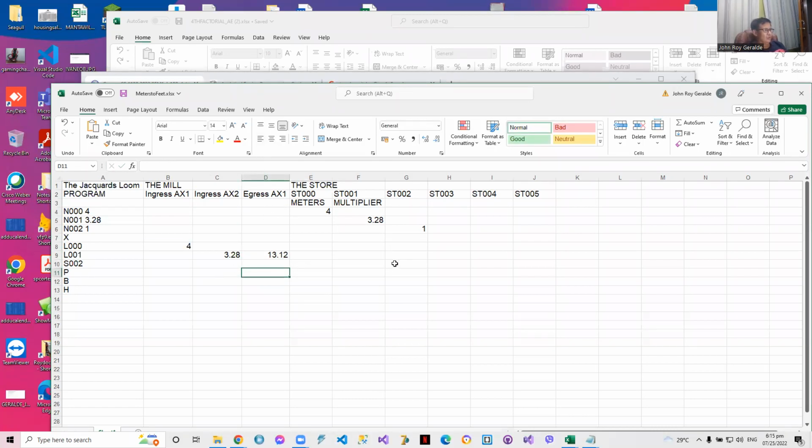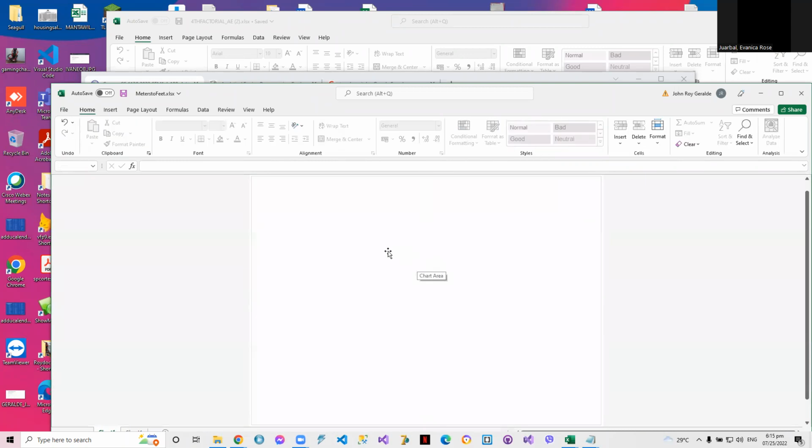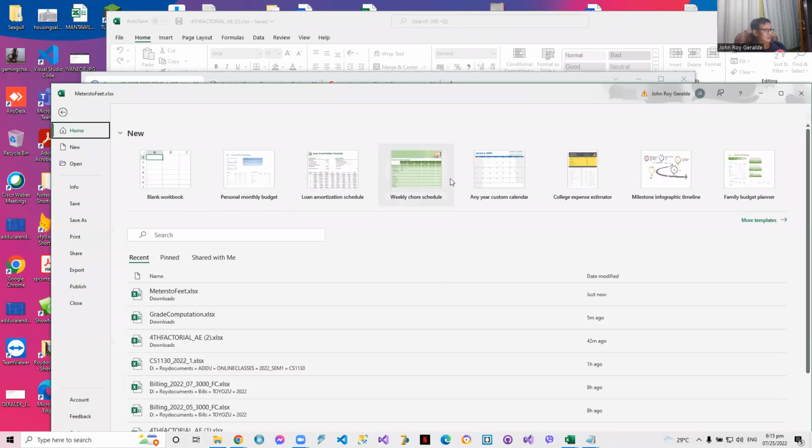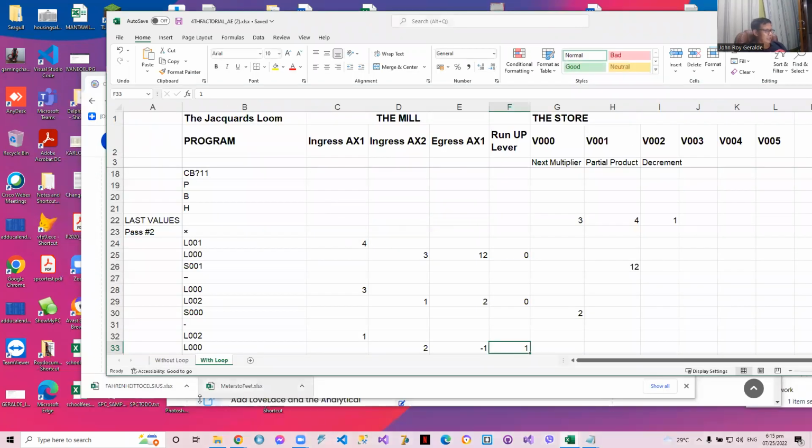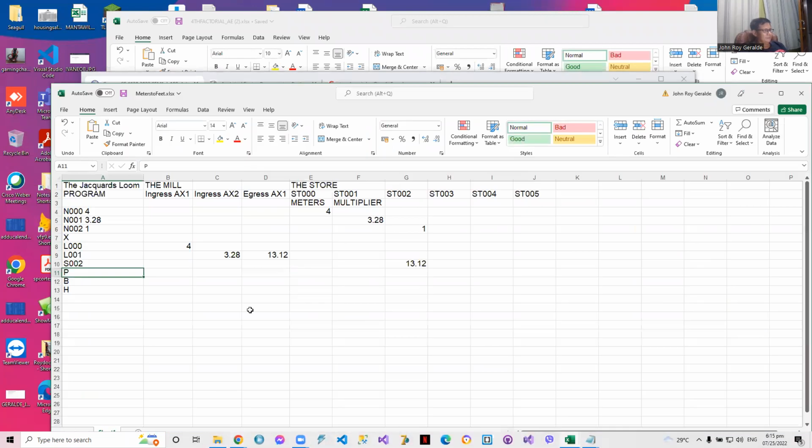And then we store it to 2. Ang nangyari? Let me just close this now. I made a mistake. So 13.12. And then we halt. Do you follow? That's just meters to feet.